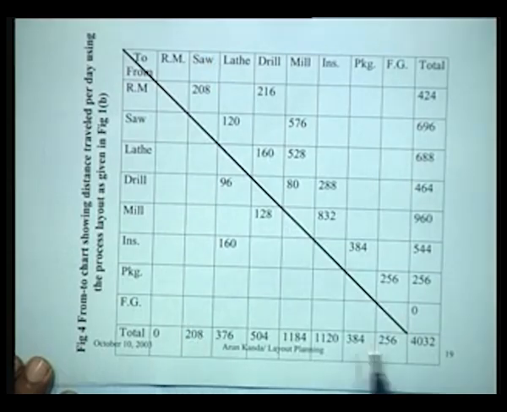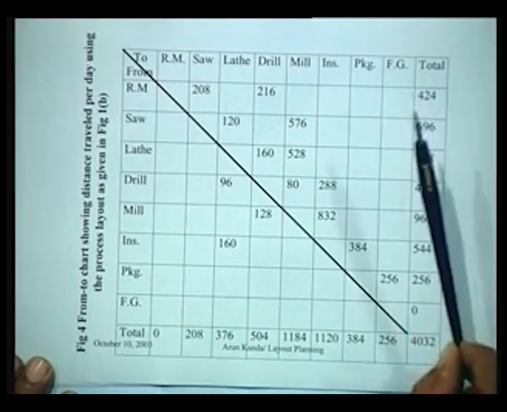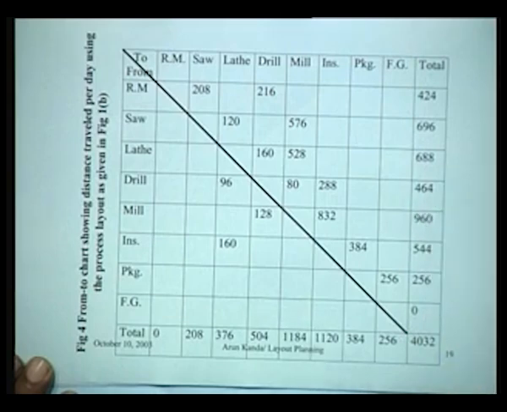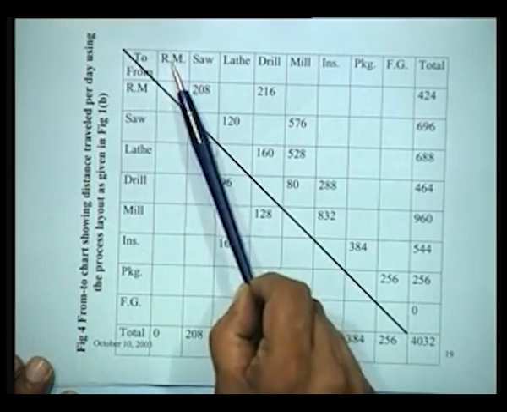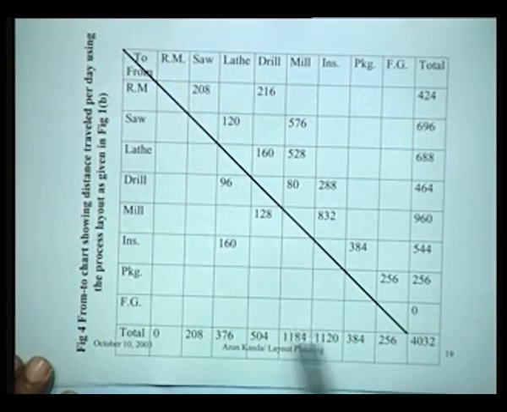So this is the to and this is the from in terms of total material handling effort, and a 0 in a particular column shows that this is a source, and a 0 in a particular row shows that this is a sink, obviously, because everything flows from the raw material store, so it's a source, there's nothing coming to it, and the finished goods is the last operation, so nothing goes out of it in that sense.